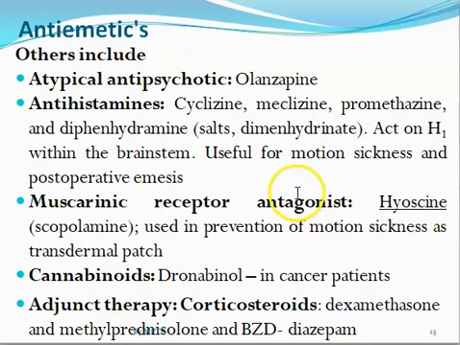The others which could be used are the atypical antipsychotics, olanzapine, because they block D2 receptors. Antihistamines, cyclizine, meclizine, promethazine, and diphenhydramine act on H1 within the brain stem and are used in motion sickness and post-operative emesis. Muscarinic receptor antagonist, hyoscine, can be used in motion sickness as a transdermal patch.